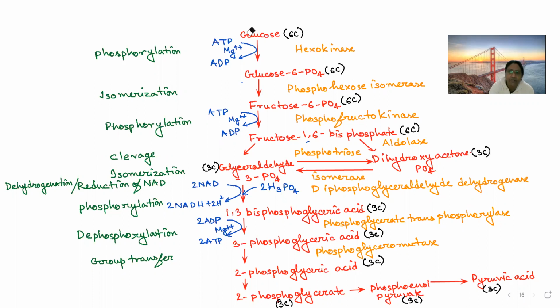What is the enzyme responsible for this? The enzyme responsible for this is known as enolase. Why? It is doing enol formation, and that's why it is known as enolase enzyme. So the reaction we can write as enolization reaction.